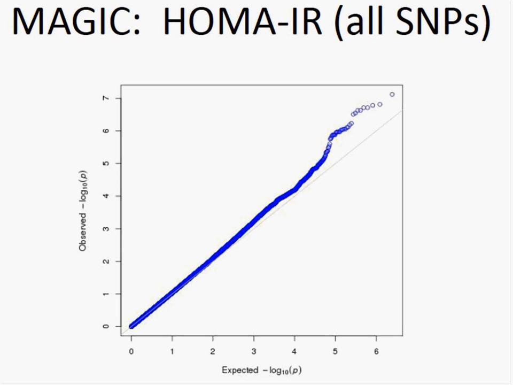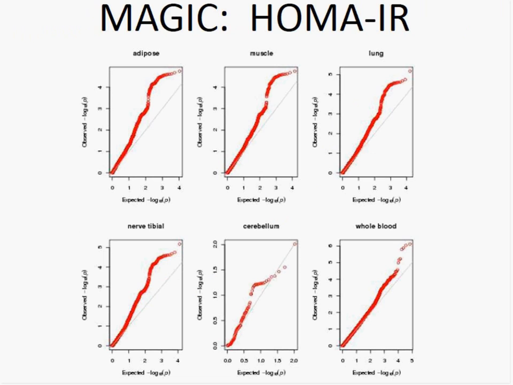But it's a much more notable signal when you consider the eQTLs from various tissues within GTEx: adipose, muscle, lung, nerve tibia, even a little bit with cerebellum, and to a lesser extent, whole blood. And again, you might be suspicious that at least some of this is being driven by cross-tissue eQTLs.